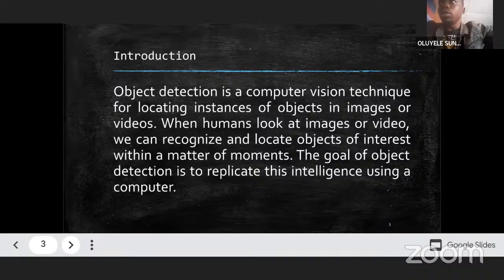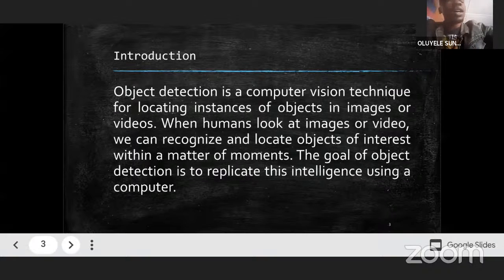So it's just a way of making computers mimic humans, the way the human eyes work, such that when a computer sees a cap, it can say, okay, this is a cap. When it sees a dog, it can say this is a dog. When it sees a cat, it can say, okay, this is a cat. It's just like making a computer recognize an object.